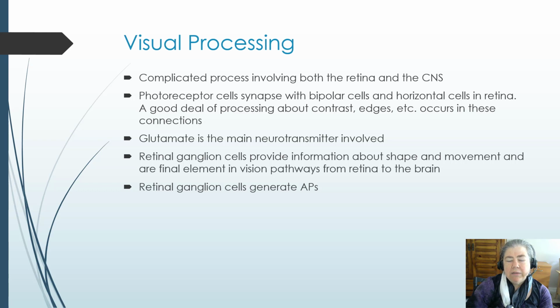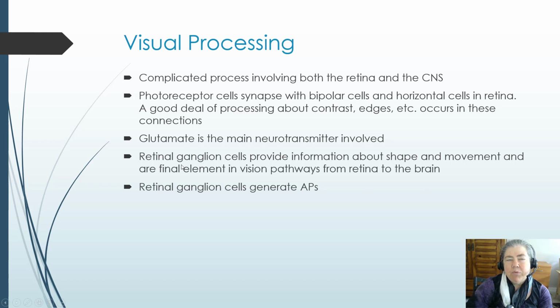I'm going to talk a little bit more about vision. The processing of visual information is extremely complex, not completely understood, although there's an awful lot of research that's gone on in the last 20 years or so about this. And it starts in the retina. So when I said that those bipolar cells and horizontal cells are beginning to process visual information, that's interesting, right?